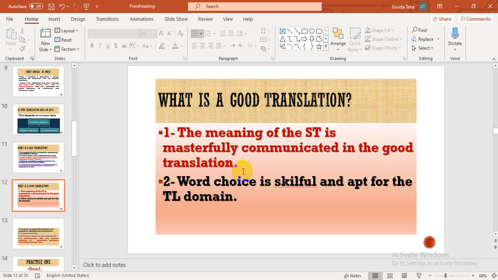But what is a good translation? A good translation is one wherein the meaning involved in the source text is masterfully communicated. Also, the word choice is skillful and apt for the target text.